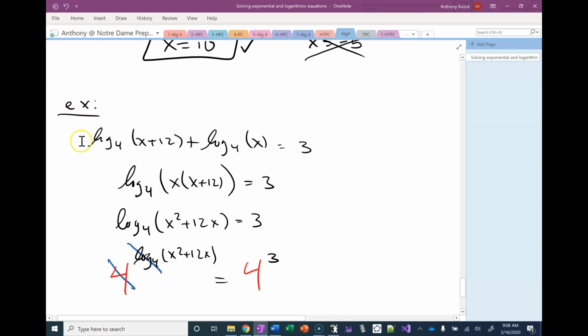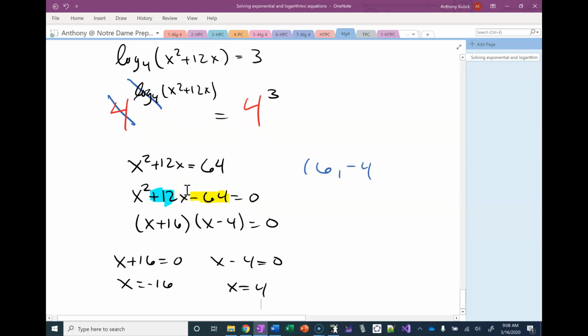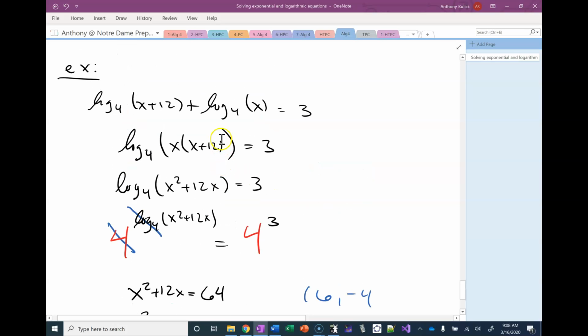So I'm going to plug negative 16 in here. And I can see already, before I even try to get this into my calculator, I'm going to be getting an error. Because negative 16 plus 12 is negative 4. And I can't take the logarithm of a negative number. So already, I can see that negative 16 won't work. You can try it in your calculator if you feel like it. It's just going to give you that same error that says non-real answer that we got before.